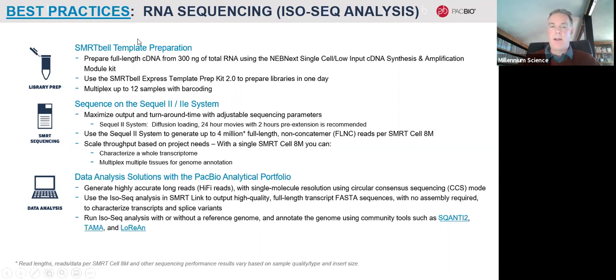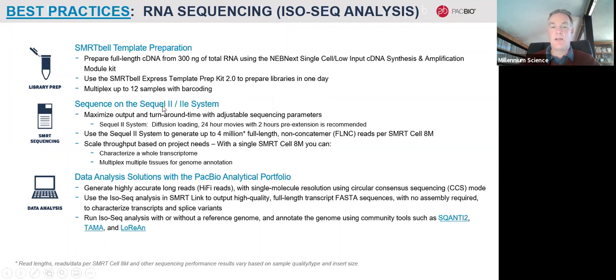The PacBio ISO-SEQ kits combined with this NEB kit to make your cDNA. Then you're going to use the SMRTbell Express Template Prep Kit 2 that we've talked about in the other lunch and learn sessions. It's that standard kit to prepare your libraries, and it's a less than 1-day protocol, and you can multiplex probably up to 12 samples with barcoding and still get very high resolution data.